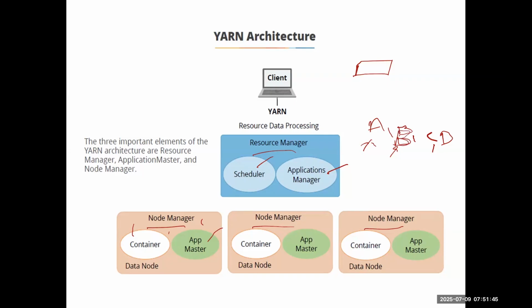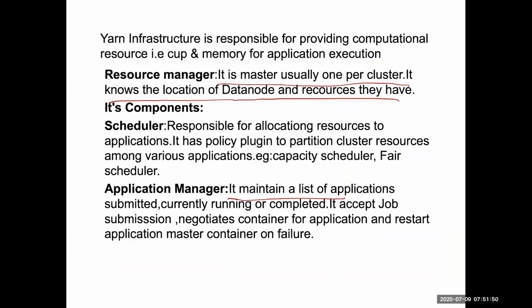So the application manager keeps the check. We have mentioned it here: it maintains the list of applications submitted, currently running or completed. It accepts job submissions, negotiates containers for applications, which we'll see later, and restarts the application container on failure.